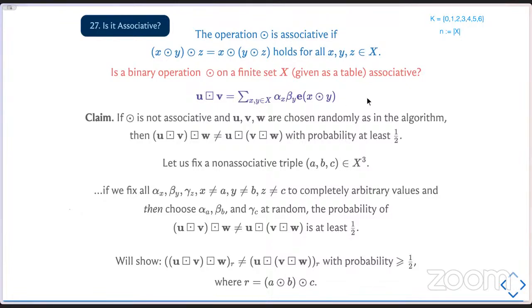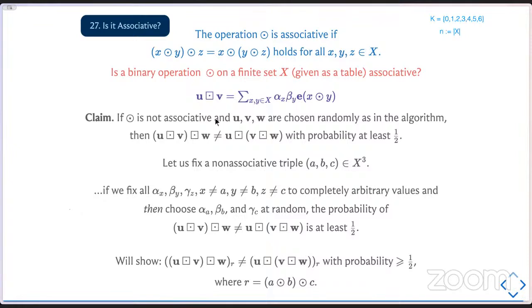So this is a sum of things. Each of these things is a vector in k to the x, so these vectors are also indexed by elements of x. So just shine a spotlight on the entry that is indexed by R, and that's all that we want to focus on. But remember that most of these XY pairs here are really fixed for us because we're playing around here with entries.